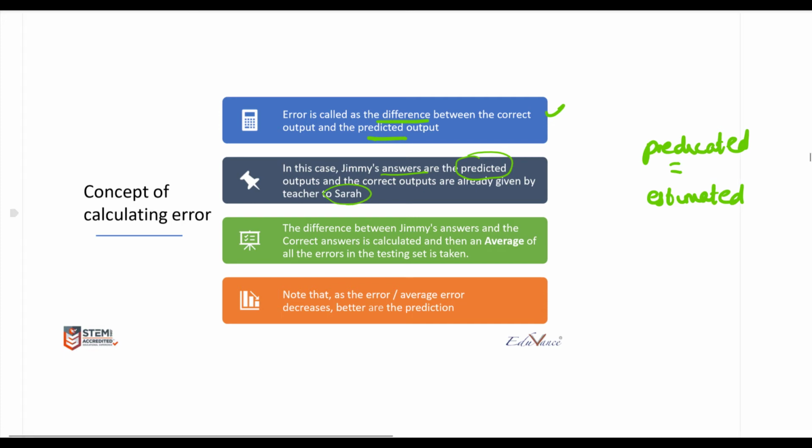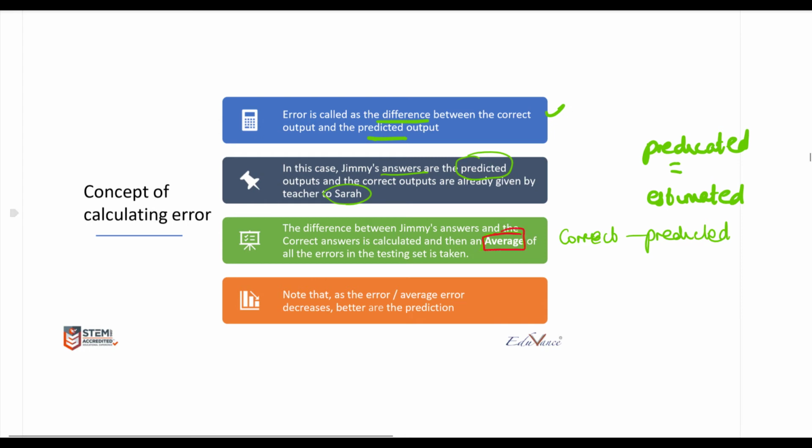We take the difference between the correct answer and the predicted answer. So we take the correct minus predicted, or predicted minus correct. It's one and the same because we are just calculating the difference.